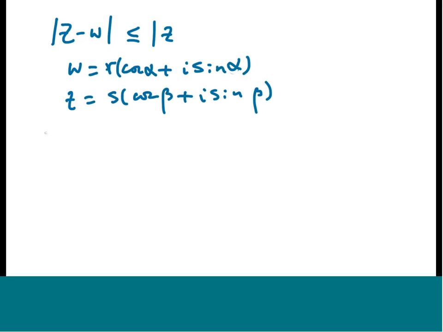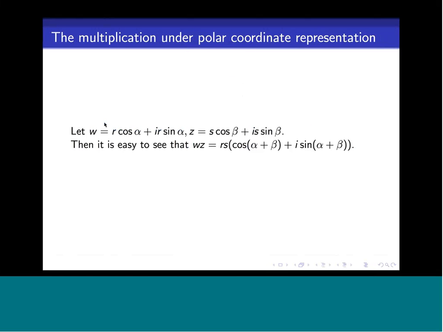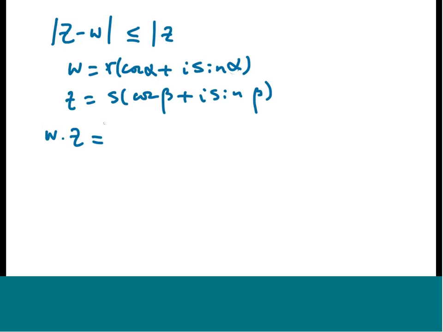Then W times Z is going to be RS, okay, cosine alpha plus beta. I didn't really explain that. It's saying you're just doing the distribution.